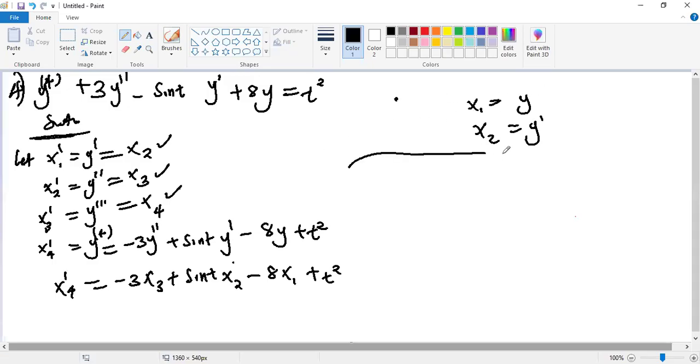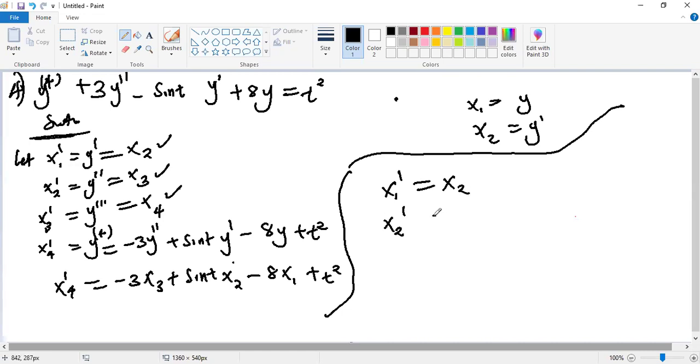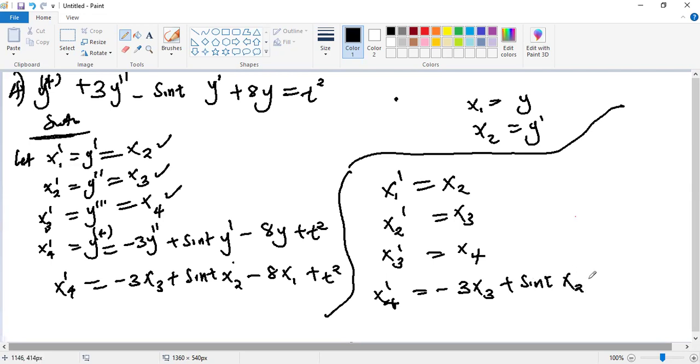This is what I have as my final solution. So I have x1 bar is equal to x2, x2 bar is equal to x3, x3 bar is equal to x4, and finally x4 bar is equal to minus 3x3 plus sine t x2 minus 8x1 plus t squared. 1, 2, 3, 4.